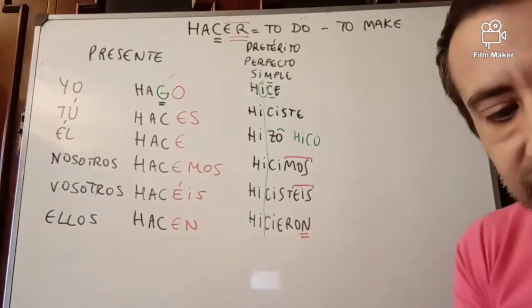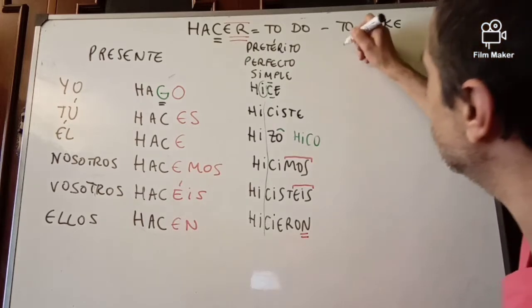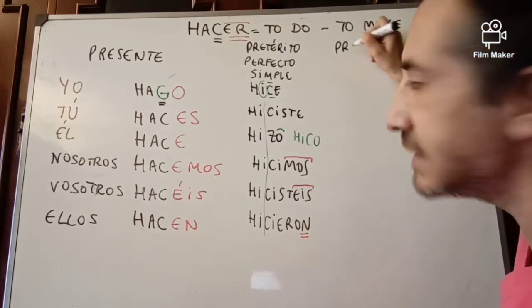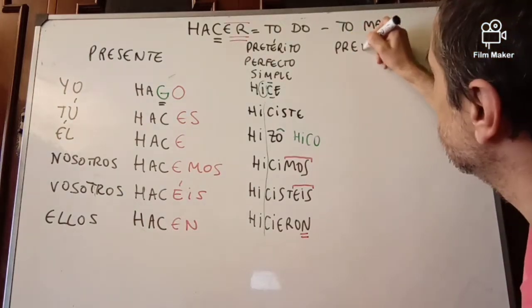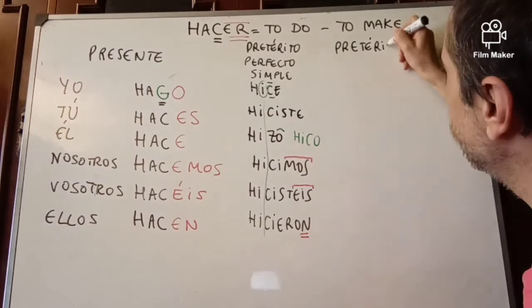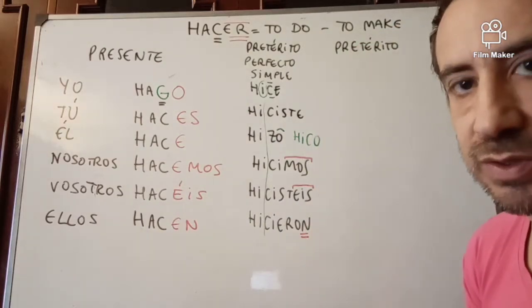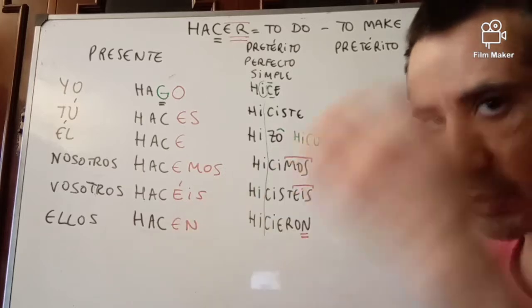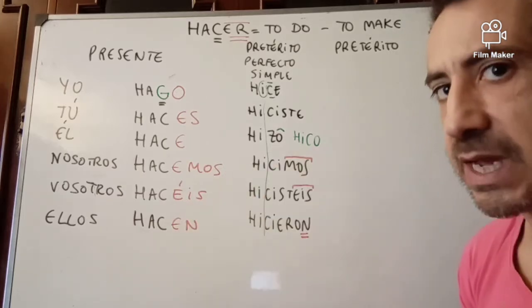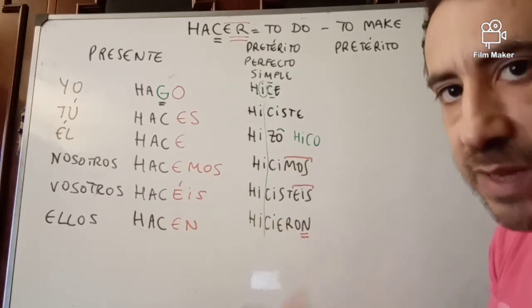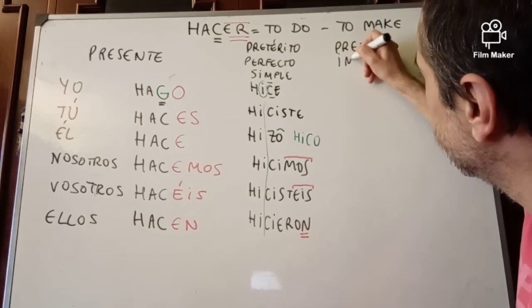Now let's see the pretérito imperfecto. Remember, it's a tense that you don't have in English, but you already know what it means because you saw my other videos in which I explain what we mean by pretérito imperfecto.